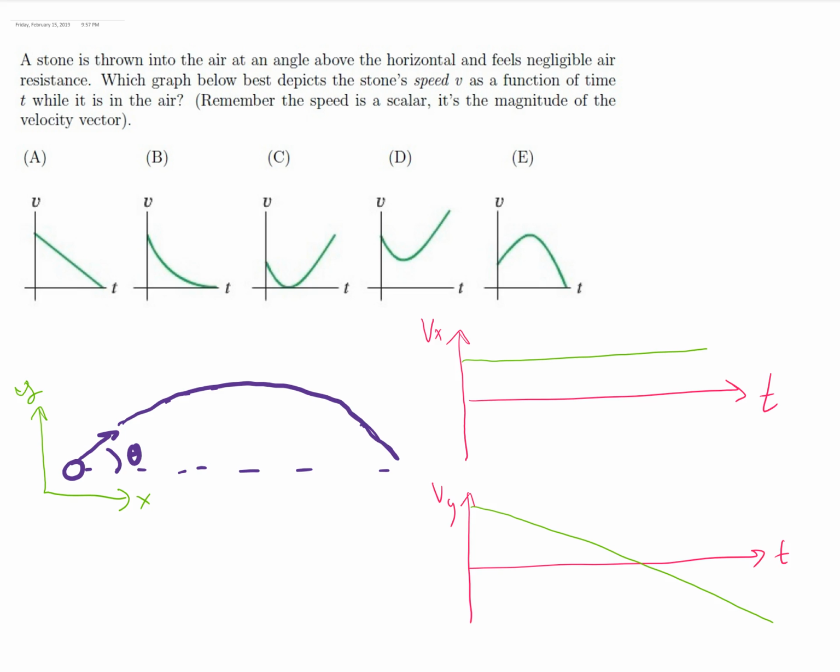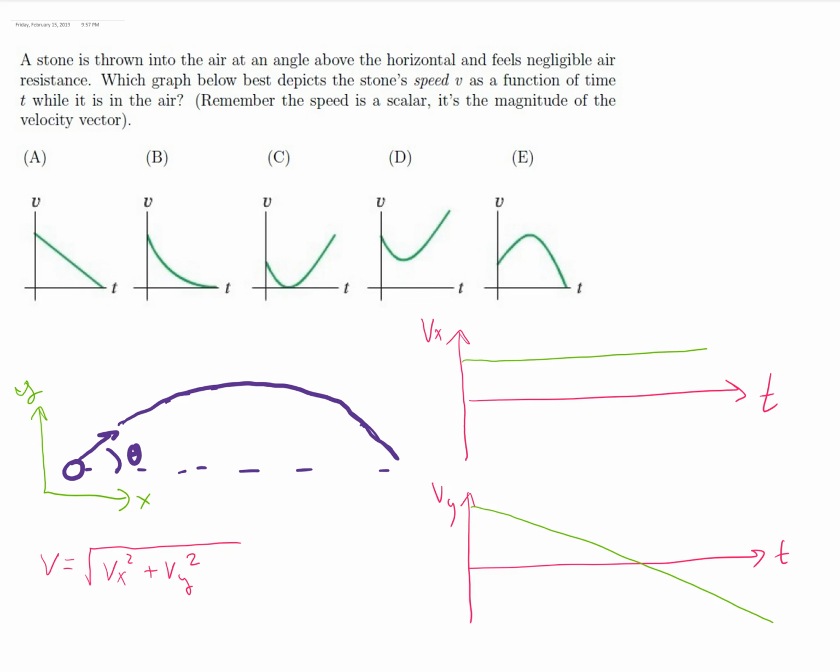And so the speed of the ball is the magnitude of the vector, vx and vy. And so that's the square root of vx squared plus vy squared. Right?